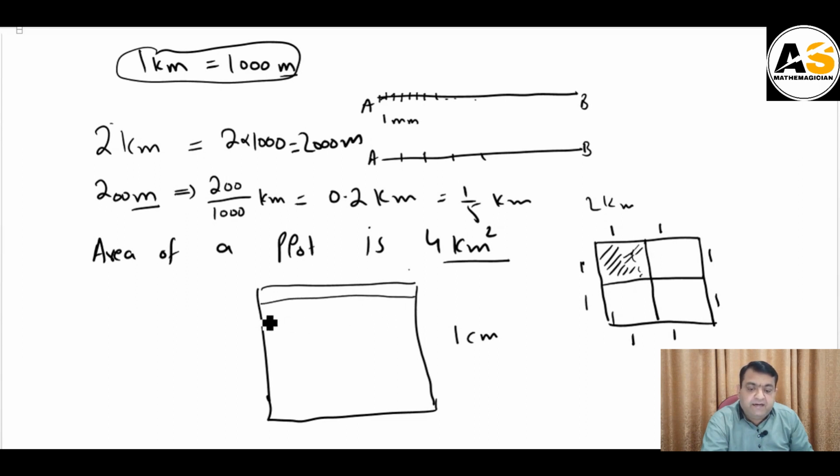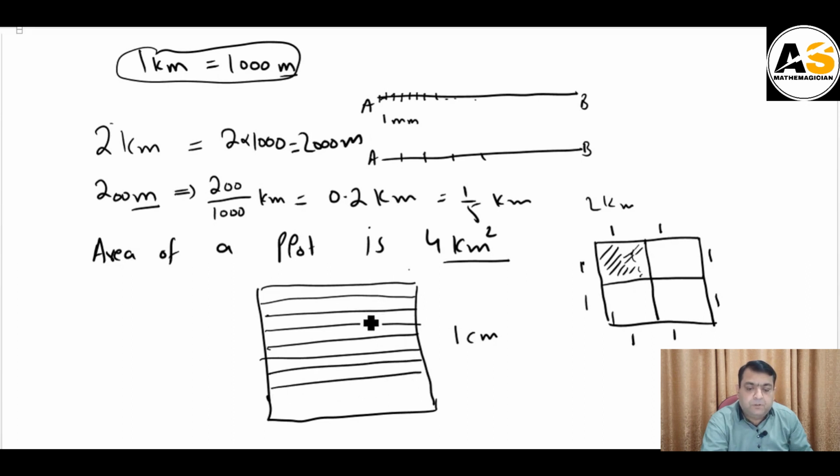If I divide it into small squares of length 1 millimeter, you see, the side of the square was 1 centimeter.